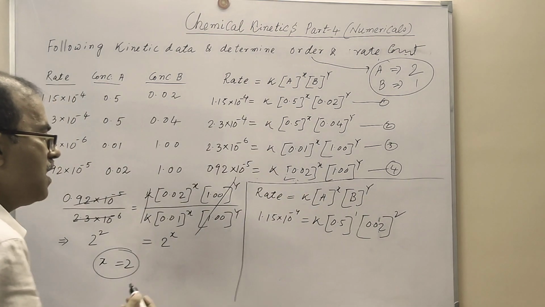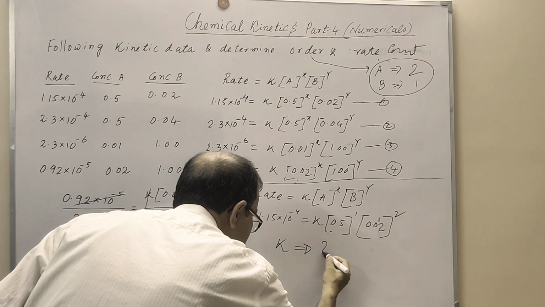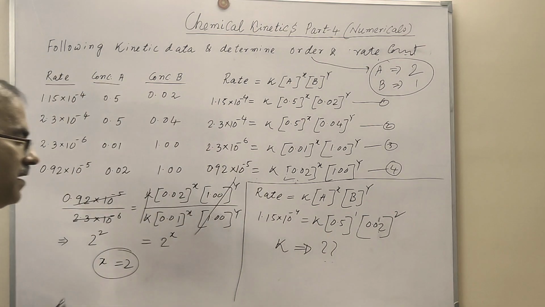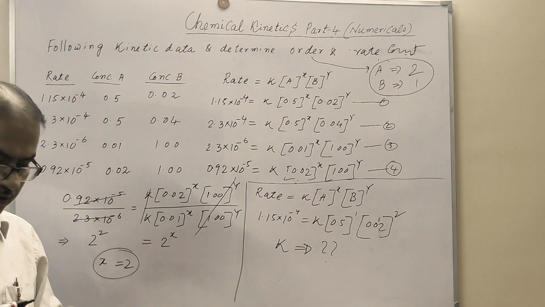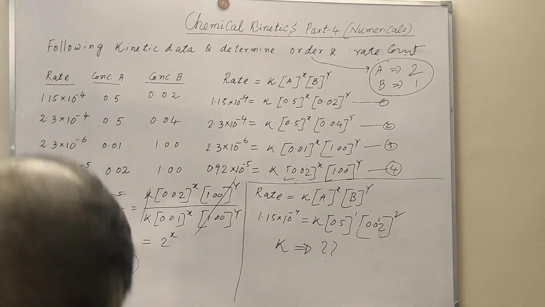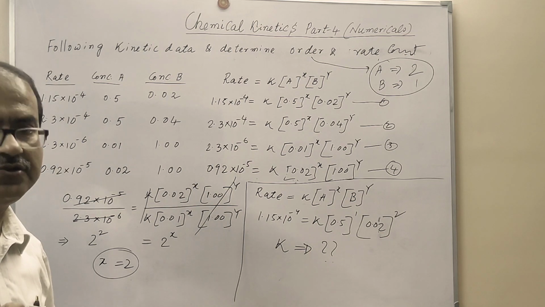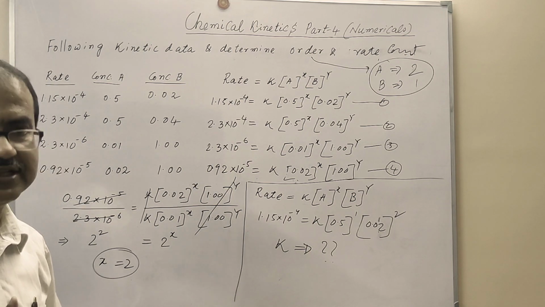That is 2, and from this you can find the k value. It's a very simple calculation. You can calculate it yourself. So you can understand which type of numerical comes and how to approach it. Okay? That is your third question, and we are going to the fourth question. That is also what we are going to discuss.